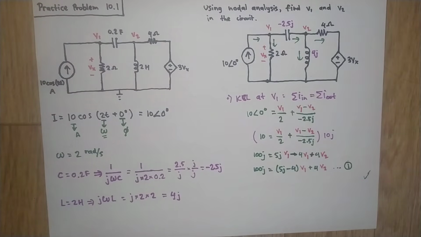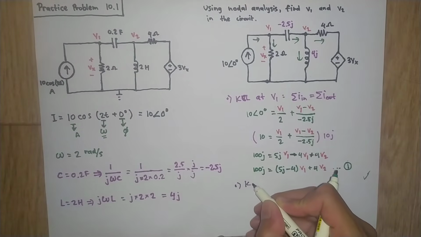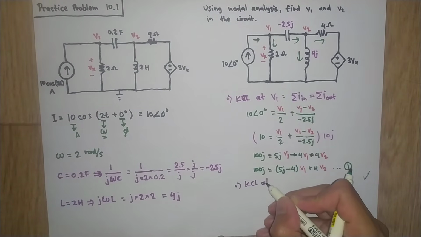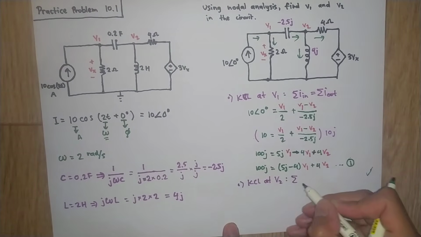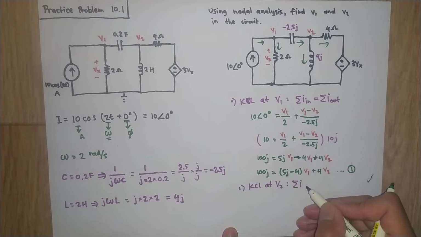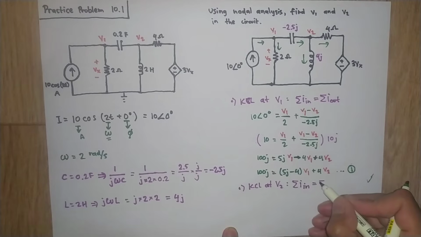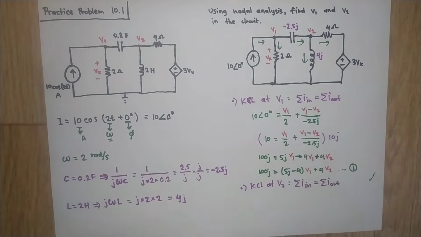So let's do KCL at V2. Remember that KCL is the sum of the current that goes in is equal to the current that goes out.